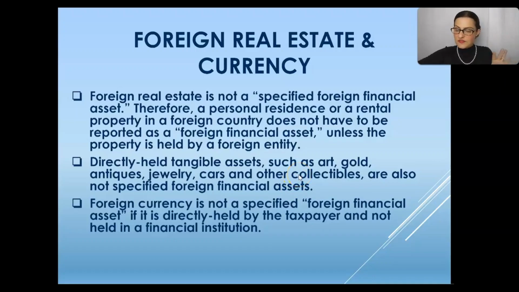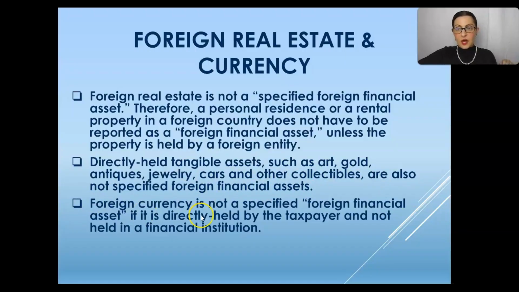And this is true even if it's business property like a rental, like you have a foreign Airbnb or a condo that you rent in a foreign country. If you own it outright in your name, then that's not a foreign financial asset. Directly held tangible assets such as art, gold, antiques, jewelry, cars, and other collectibles are also not specified foreign financial assets.